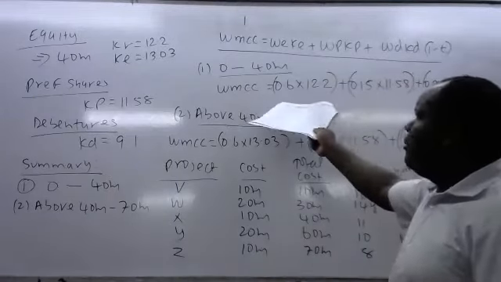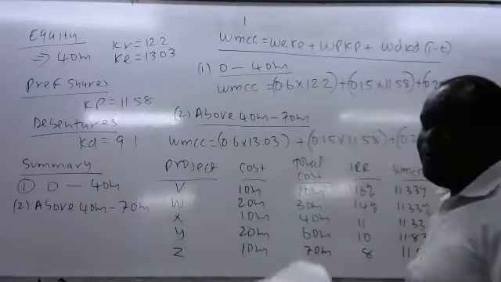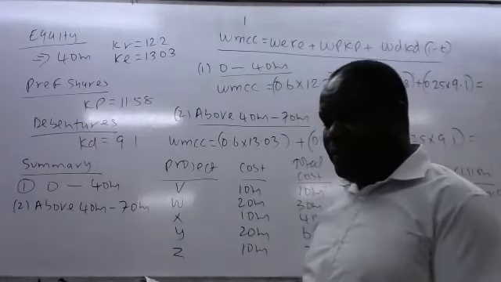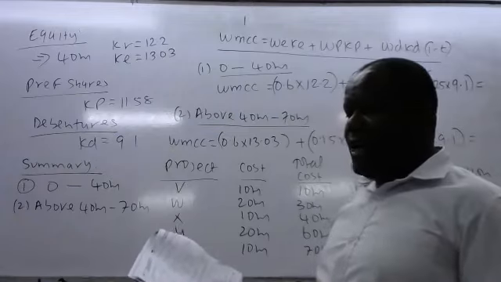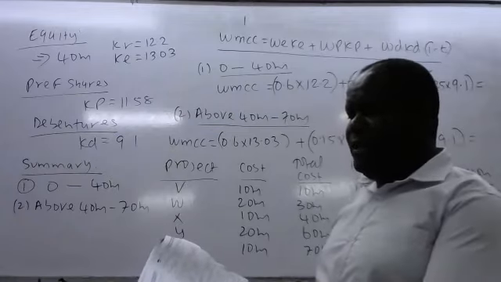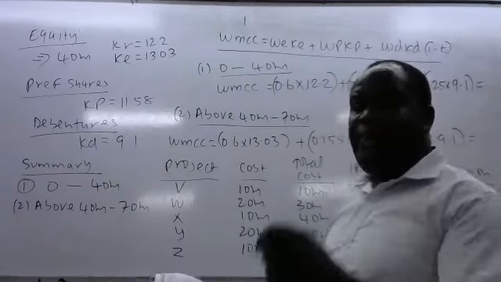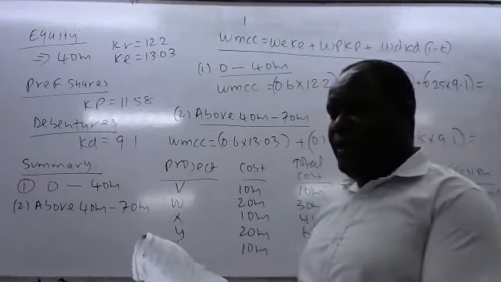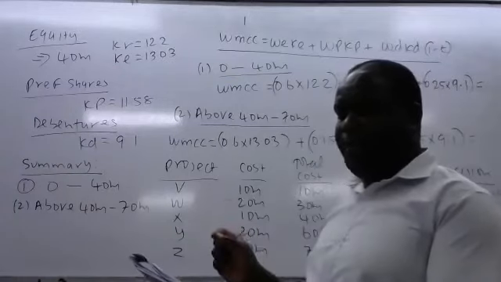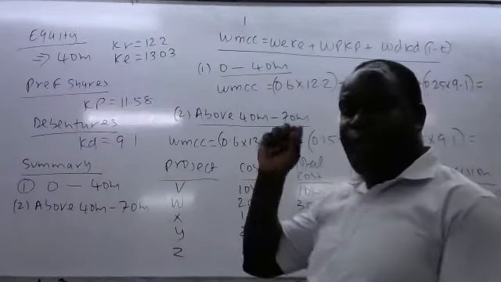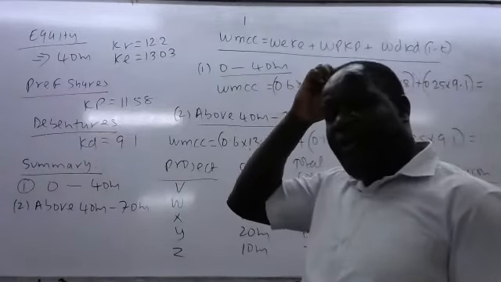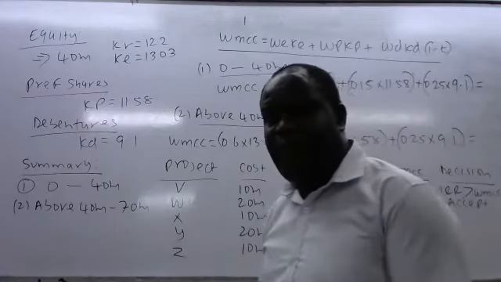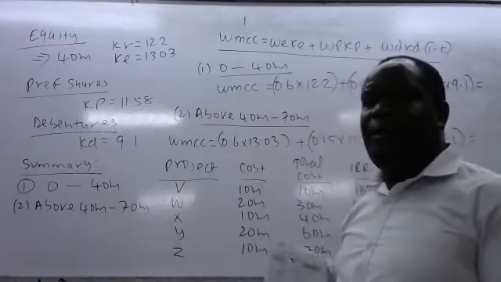The weights, 0.6, 0.15, 0.25, are given to you in the capital structure. Debenture is 25 million divided by 100, that's why we are getting 0.25. The equity, we saw that yesterday, it was 15 plus 45 divided by 100, which gave us 0.6. Then the preference share is 15 divided by 100, which has given us 0.15.